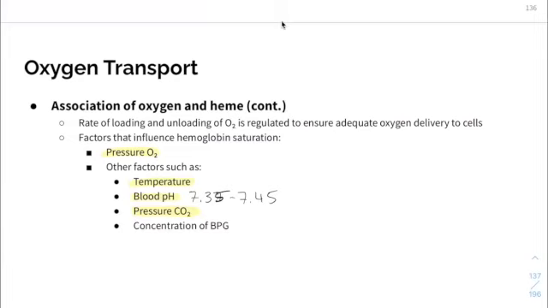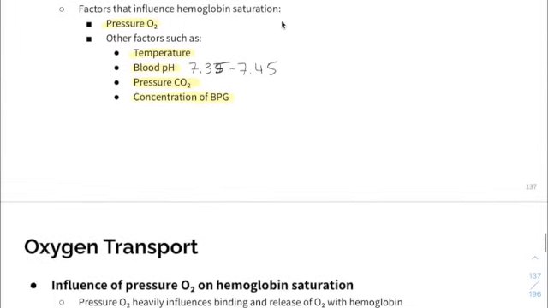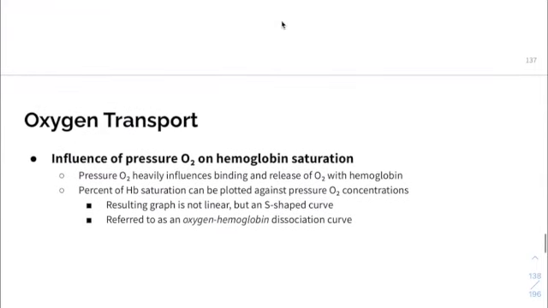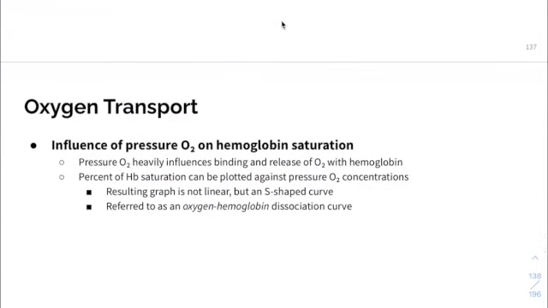What that is going to do is say, hey, these tissues don't need oxygen, let's go deliver it somewhere else. Concentration of BPG, that's going to determine whether or not oxygen gets released or not.